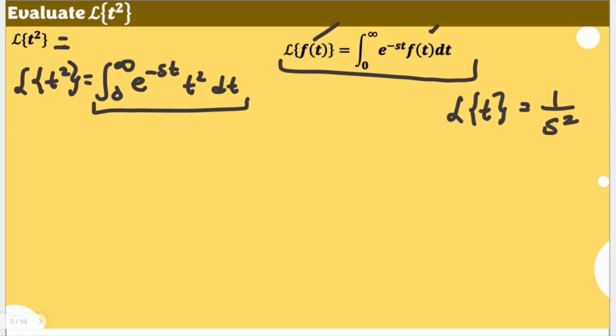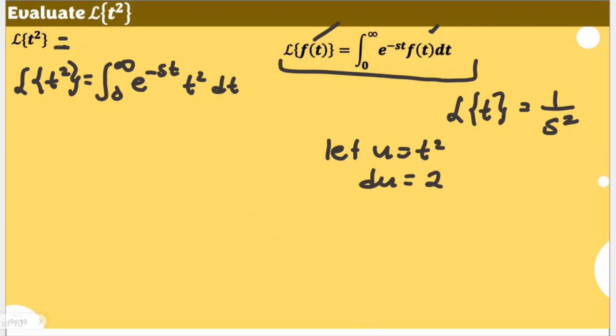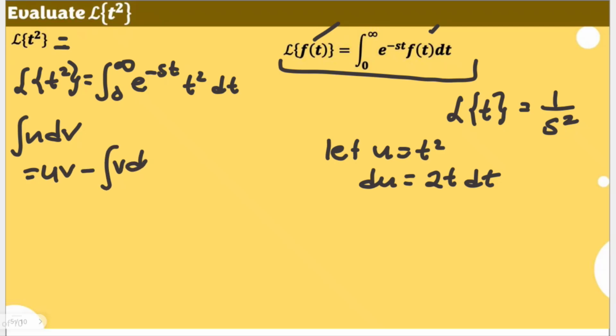Let's let u be equal to t squared, and that would mean your du is twice t dt. Now this expression together with dt will stand for your dv, because your integration by parts should look like this: the integral of u dv is equal to uv minus the integral of v du.